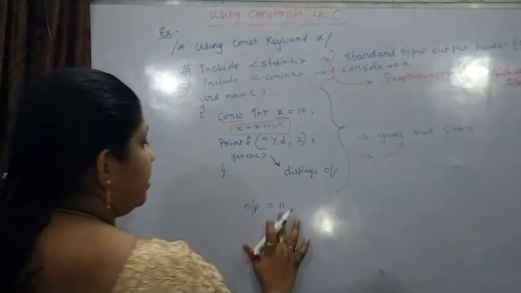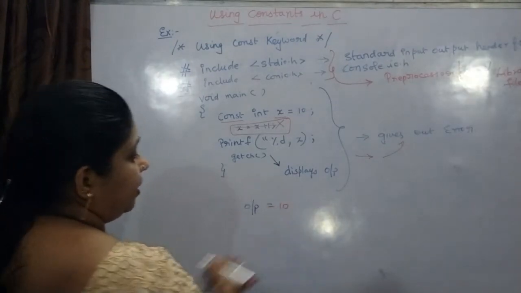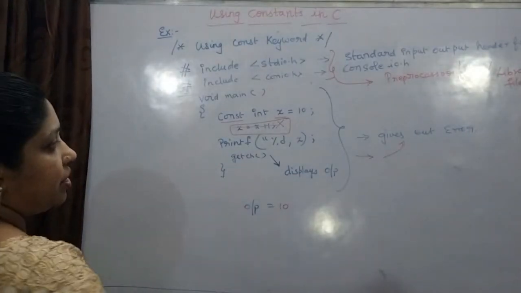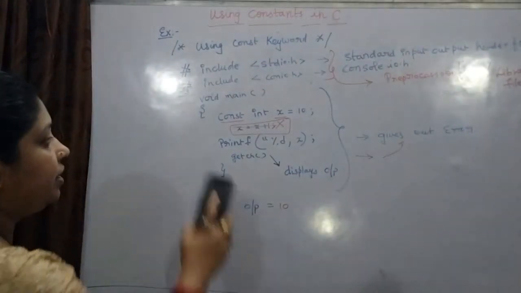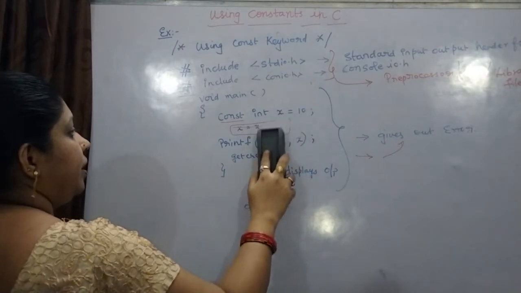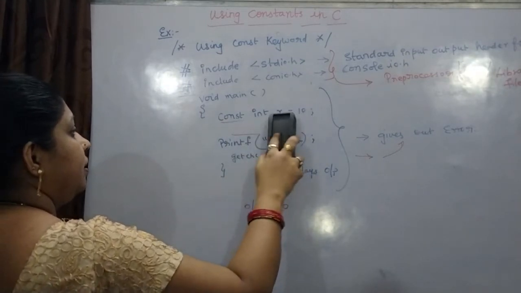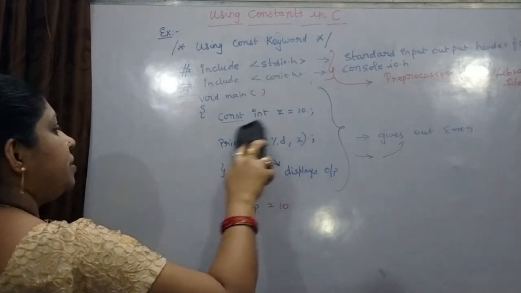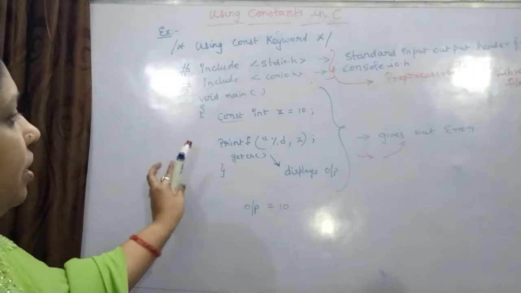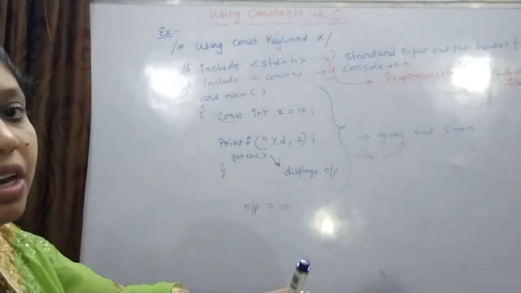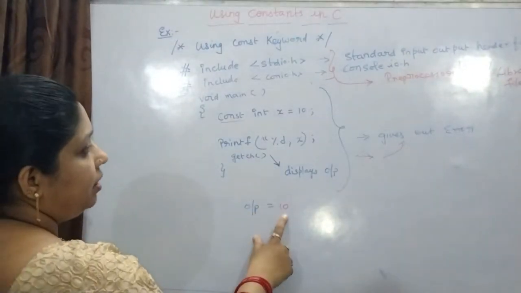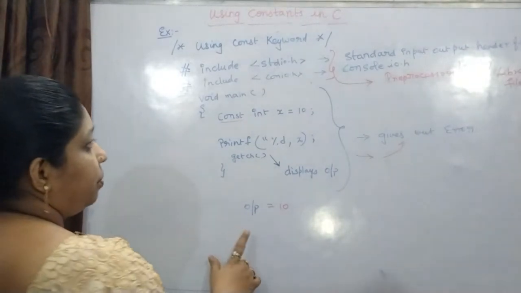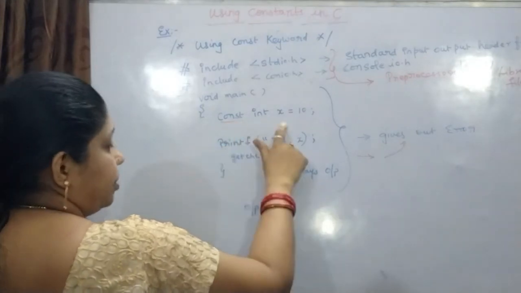Then the output will be 10, and your program runs properly. That means the answer will be 10. Understood? So this is one program using const.